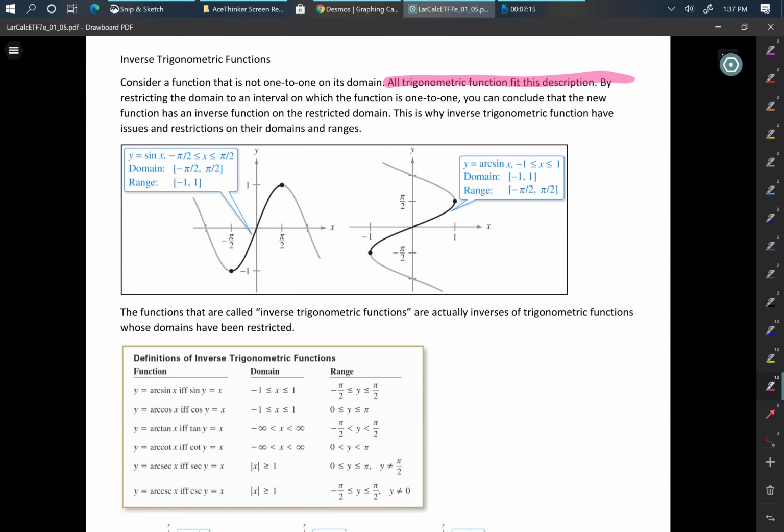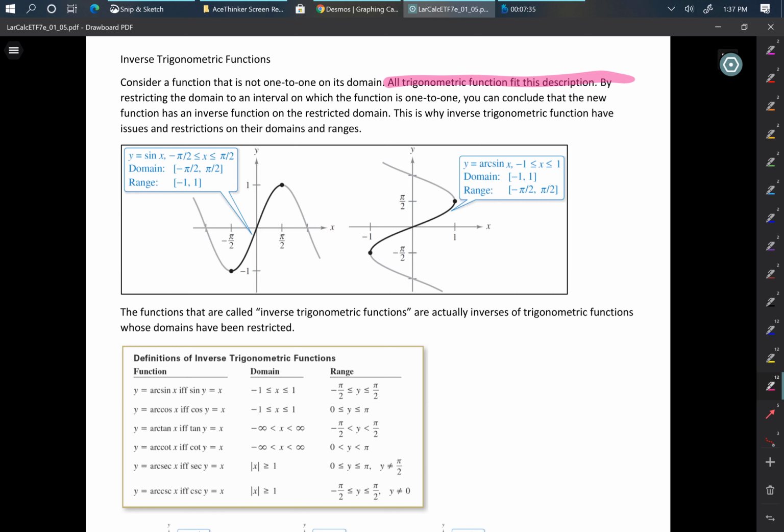We have to do a restriction on that inverse function to make it work. To make it have an inverse, we got to work hard to make this happen.